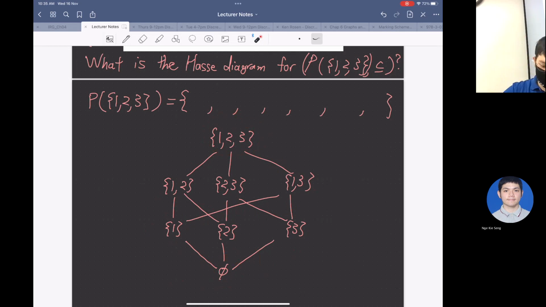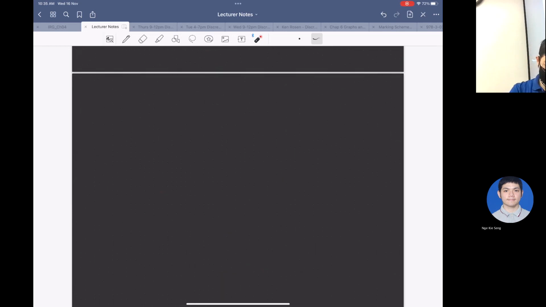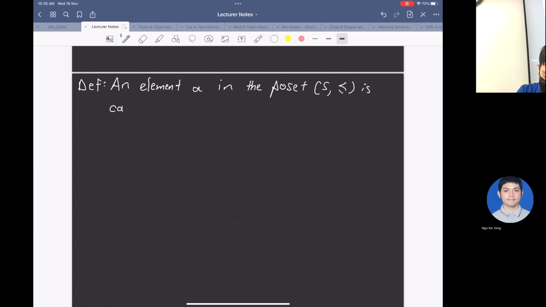So let's define some new terminology here, to describe the diagram we have. For example, we will call an element in the poset maximal if there's no other element that is greater than it.